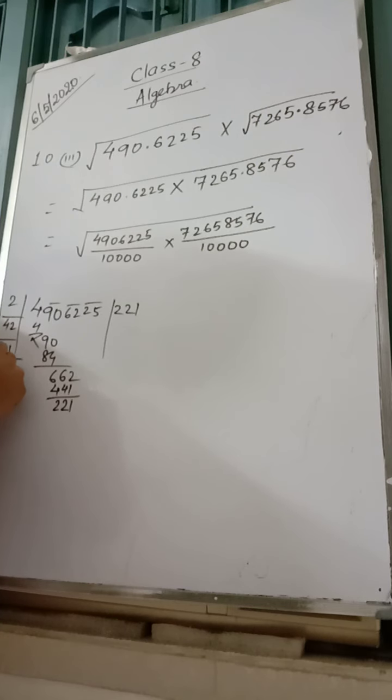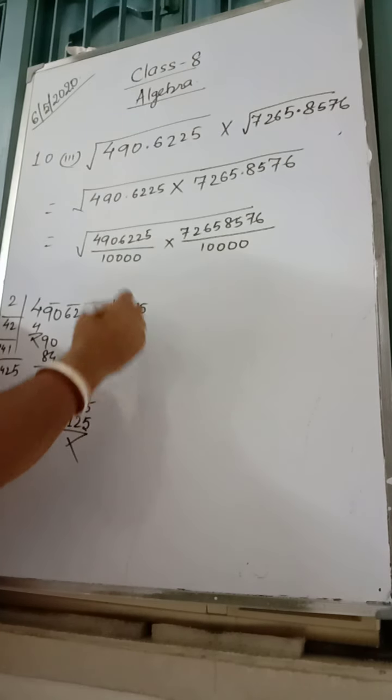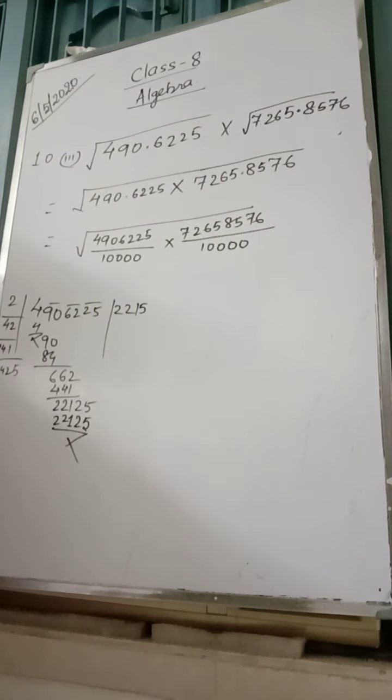This gives you 442. Now we have written 2, 5. Height 2, height 3, 4 5s are 20. Place 5. 5 5s are 25. 5 2s are 10 and 2 12. 5 4s are 20 and 1. 5 4s are 20 and 2 22. This is what we have got for this.